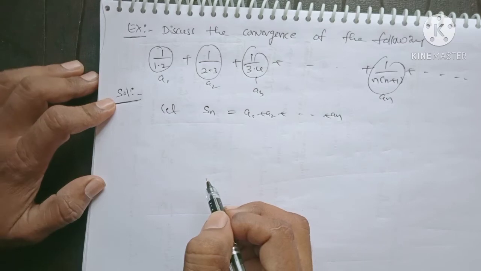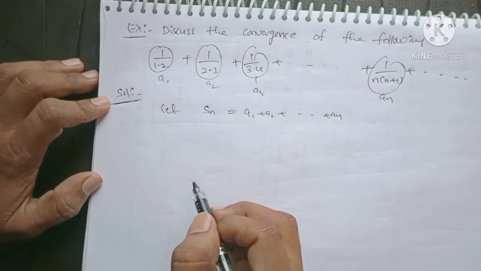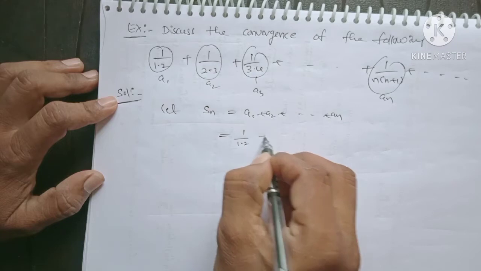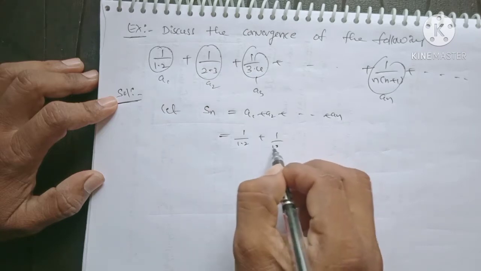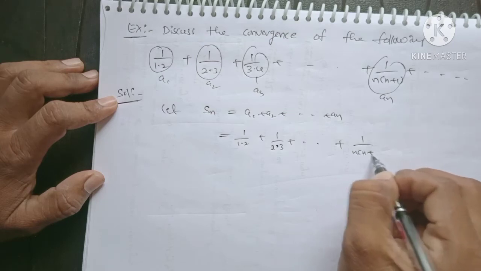This is called the partial sum of the given series. For that, a1 is 1 by 1 into 2, a2 is 1 by 2 into 3, plus and so on, an is 1 by n into (n plus 1).